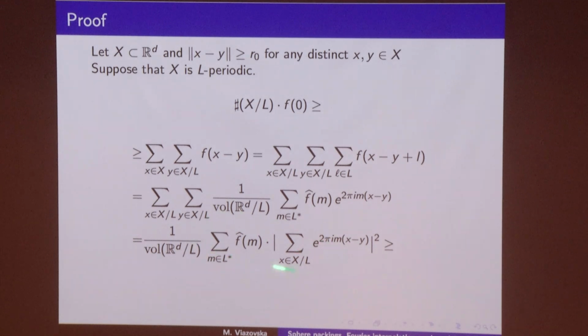So instead of writing this big sum, we can consider only the summand which corresponds to m equals 0, and we obtain such an estimate. Now when we compare this number to this one, we can get the estimate for the sphere packing density, or rather for the center density of this set X.